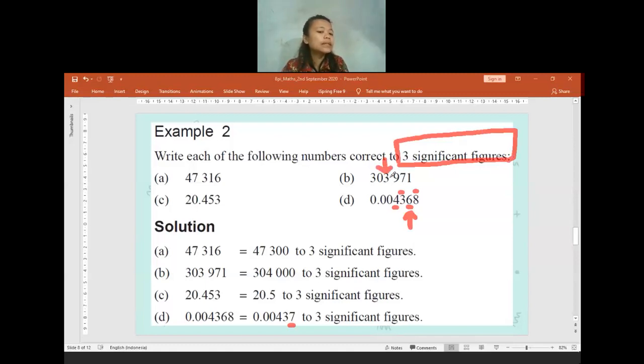The third significant digit at the question B is number 3. And then we follow the same rules as the previous one. The digit to the right of the chosen digit is 5 or bigger, so we increase the chosen digit by 1. So 3 increased by 1 will be 4.